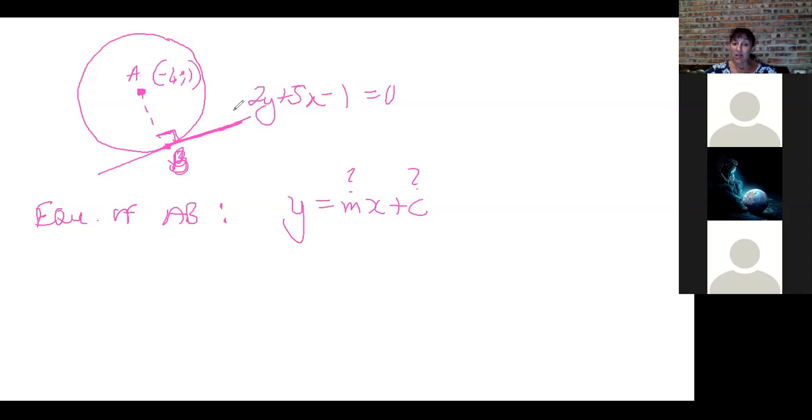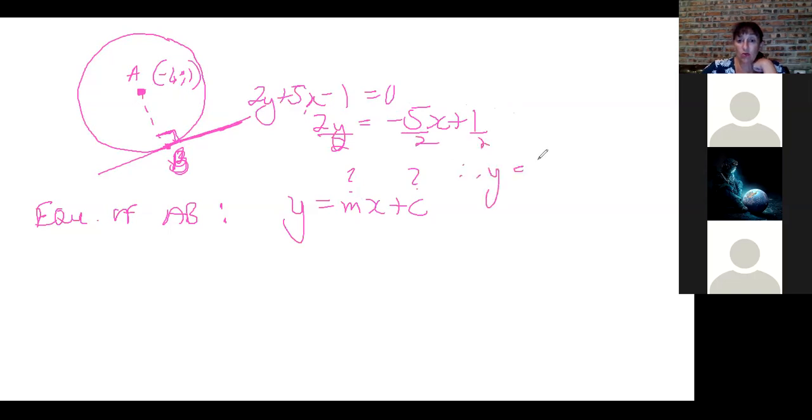Now, how am I going to find this gradient? They gave me the equation of that line, so I can rearrange it. Remember, I want to put it in the form y = mx + c. So I take the 5x over and the minus 1, and then divide by 2.